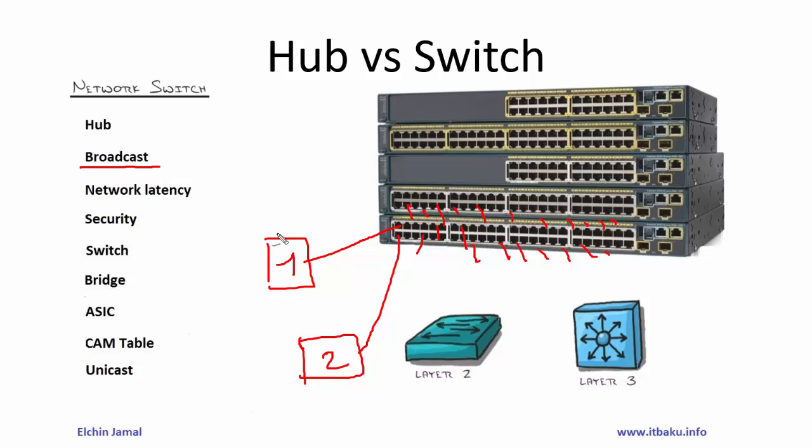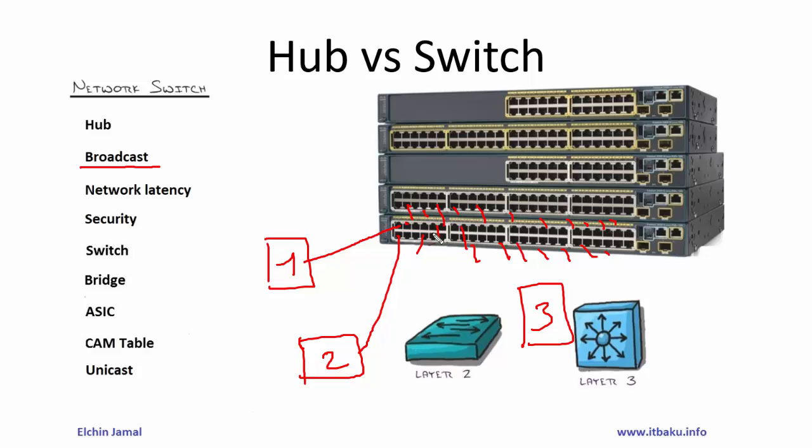Broadcast means that the signal is going everywhere, to every device, to every port. And if computer number 2 is going to send some information to computer number 3, the same process happens again.